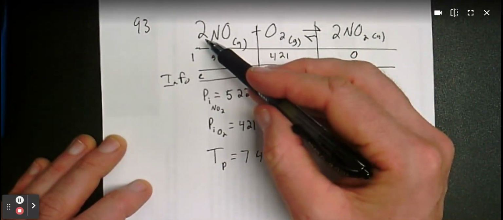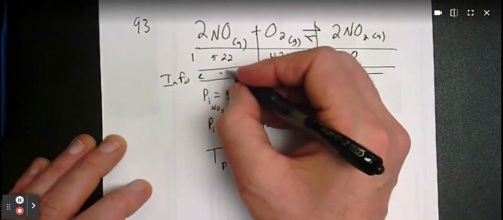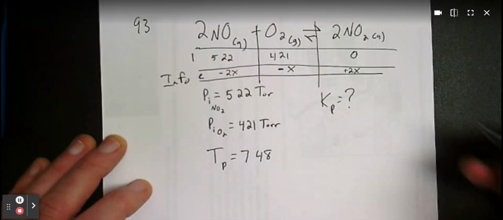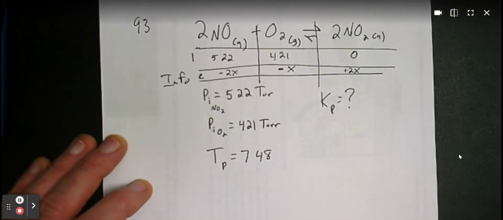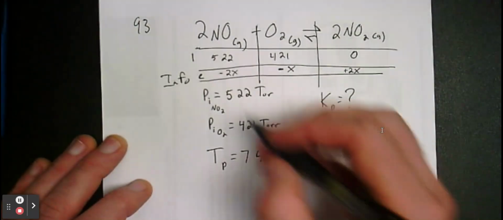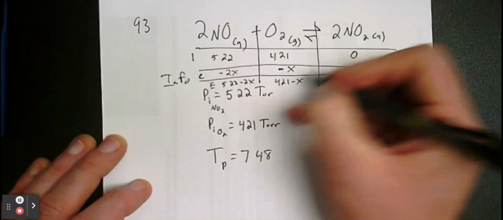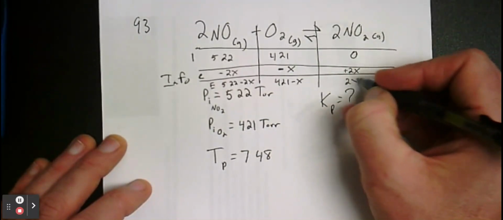Since this is twice as large as that, that's going to be negative 2x. And since this is twice as, it would be positive 2x. Therefore, at equilibrium, it's 522 minus 2x, 421 minus x, and just 2x.